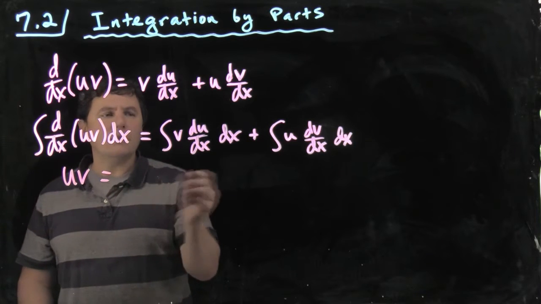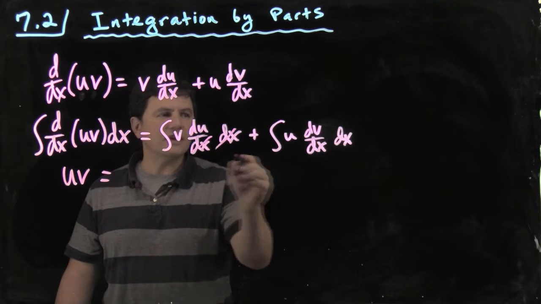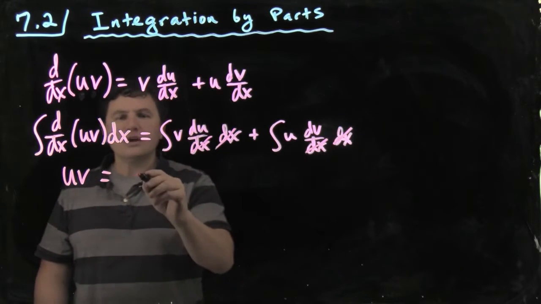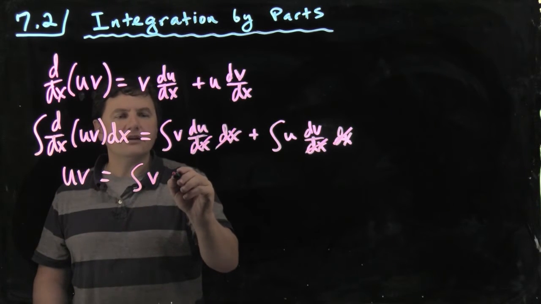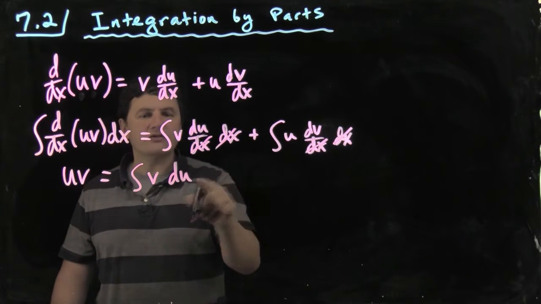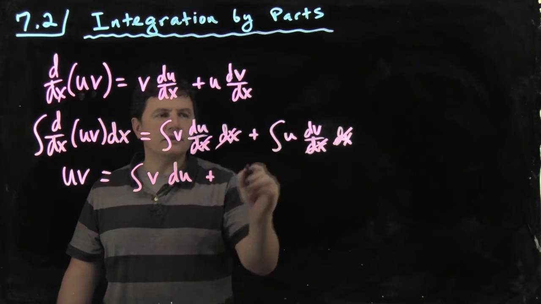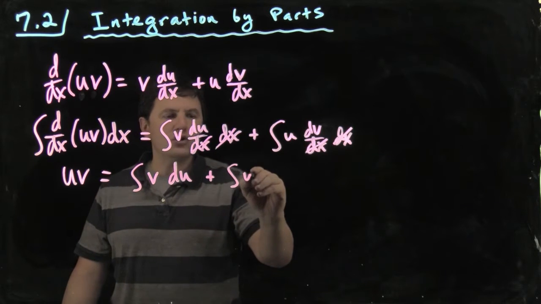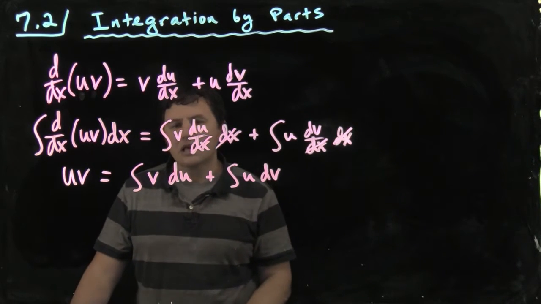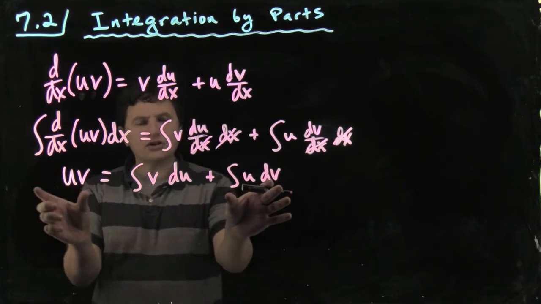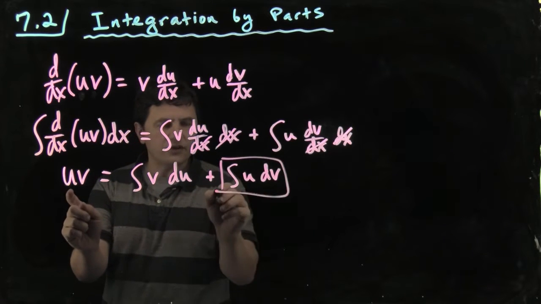Okay. Here, if you basically want to play the game of, this cancels with this and this cancels with this, we're left with two integrals. The integral of v du, okay, so we're going to take the integral of v with respect to u, and the integral of u with respect to v, so u dv, okay? So now we have actually our integration by parts formula, because ultimately we're going to solve for this thing here.